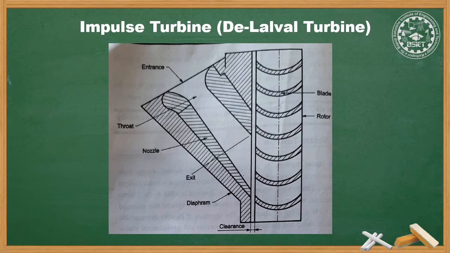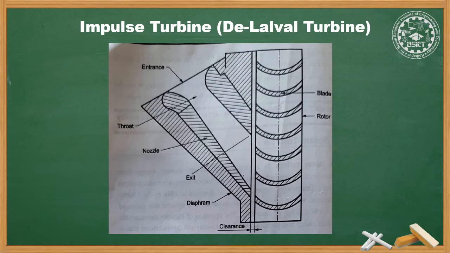The pressure drop occurs only at the stationary blade with increase in steam velocity across the stage. As the steam flows through the nozzle, the pressure falls from inlet pressure to exit pressure, that is atmospheric pressure, or more usually the condenser vacuum pressure.